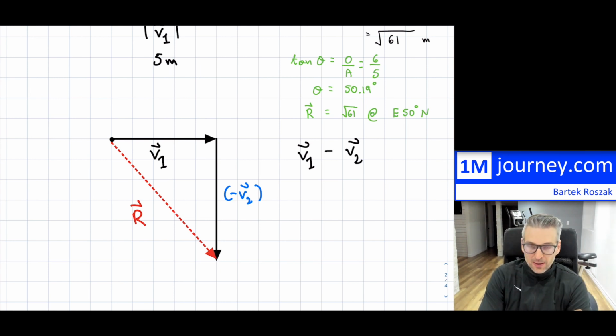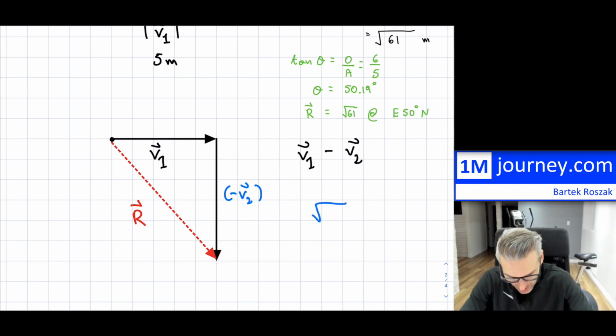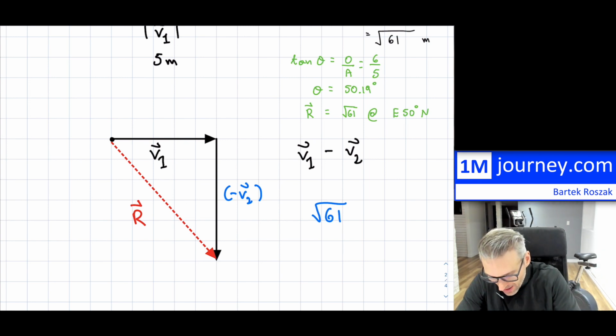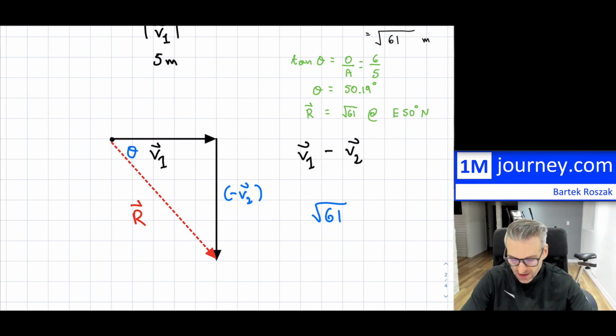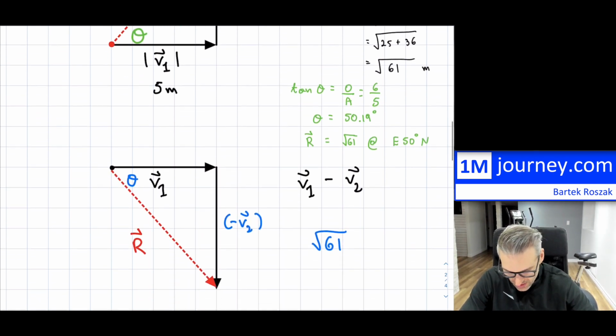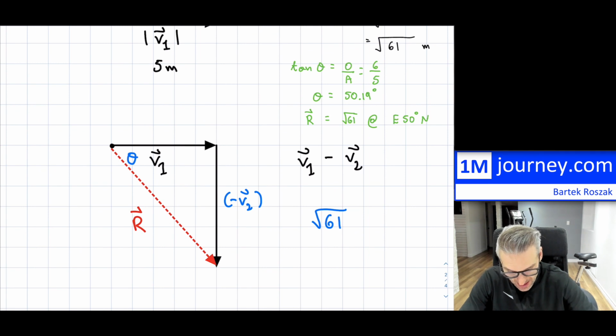Because I didn't change the magnitude, it's still going to be square root of 61 as my magnitude for R. But now my angle, instead of going up to the north side, is actually going to be the same angle.